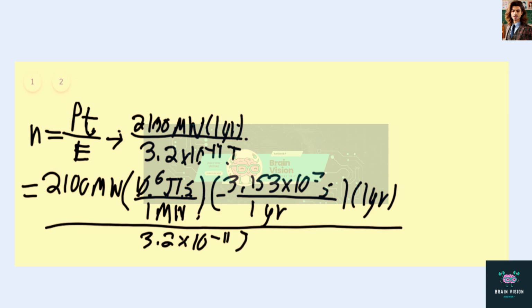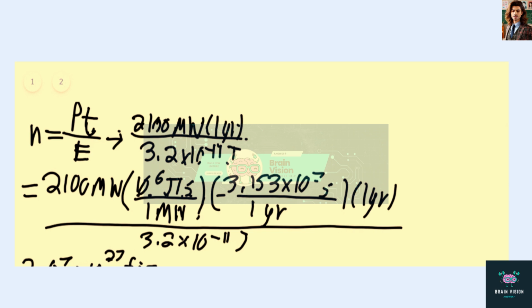Okay, when you plug that into your calculator, you get 2.07 times 10 to the 27th fissions. I'm just going to abbreviate with FIS.